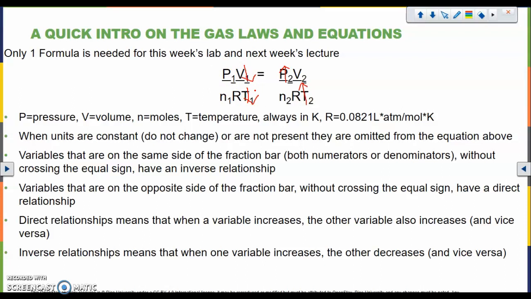One goes down, the other one goes down. Inverse relationship means they go opposite ways. If the pressure goes up, then the volume goes down, and vice versa. Okay, so I hope that makes sense. This is actually a good way for you to understand the answers that you should be getting. All right, but again, for our purposes, this should be sufficient for this week's lecture.